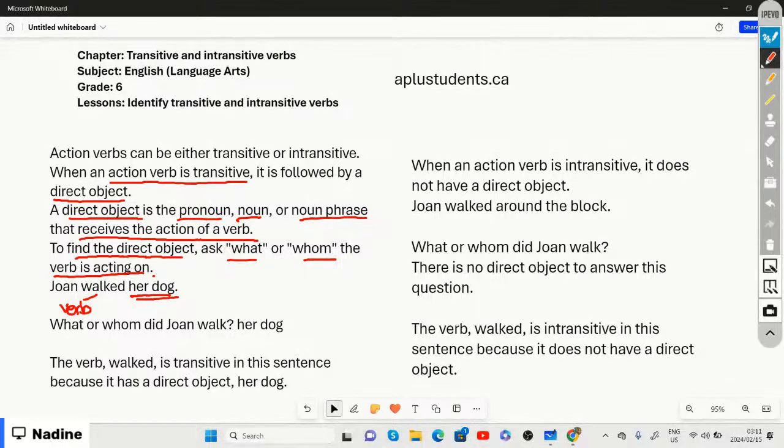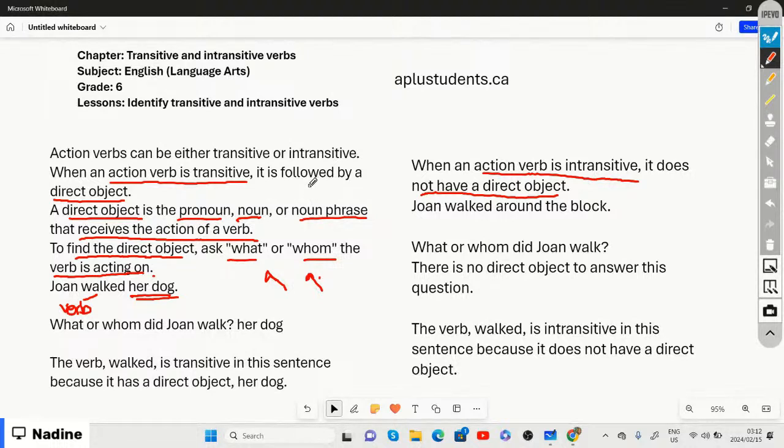And when an action verb is intransitive, it does not have a direct object. For example, Joan walked around the block. Even if we ask ourselves what or whom the verb is acting on, it's not acting on anything, because it's not giving us a direct object.